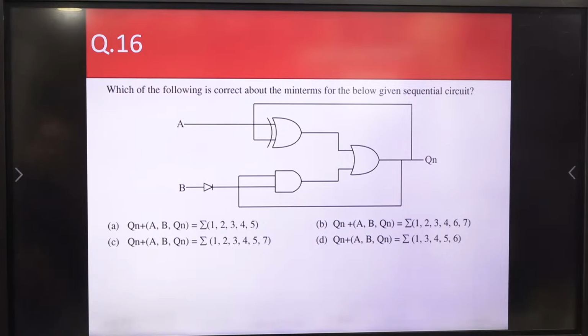Please try to find out this. Okay. So Tejaswini, Akash, you are getting A. How to solve this problem now?